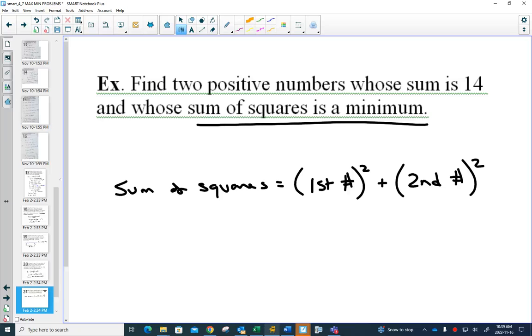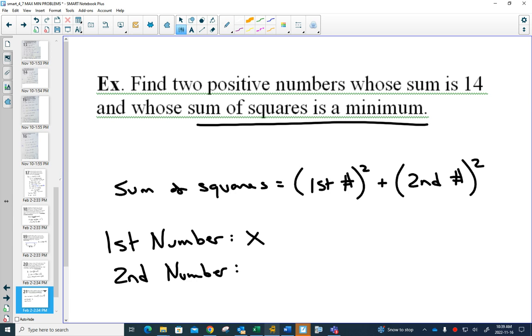We have two numbers. Well, let's make our first number x. What would be our second number? Close, very close. Okay, so find two numbers whose sum is 14.